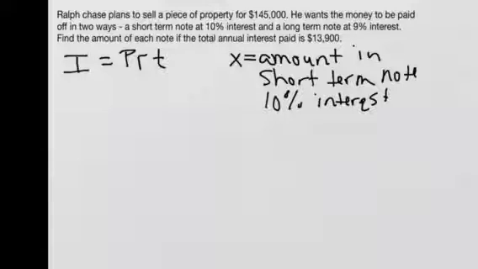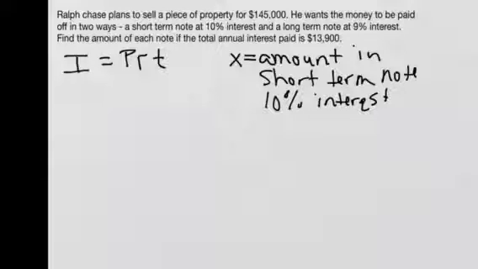So if X dollars is how much was in the short-term note, then what's left over from that $145,000 would be in the long-term note. For instance, if $10,000 was in the short-term note, then there would be $135,000 left that could be placed in the long-term note.